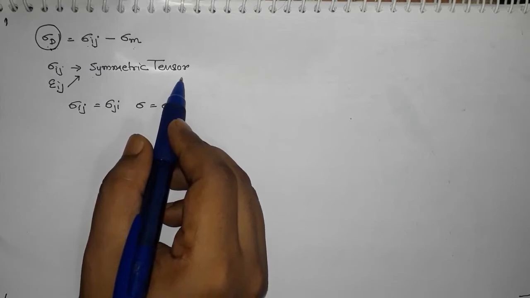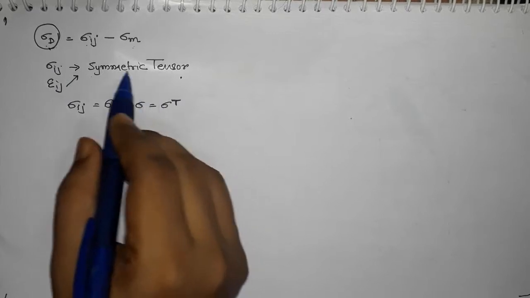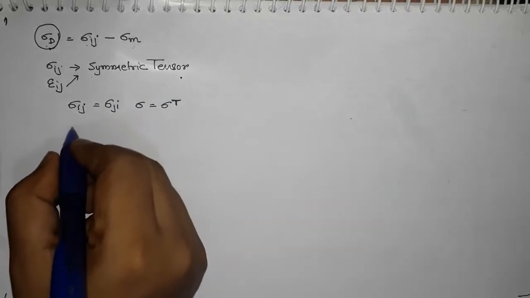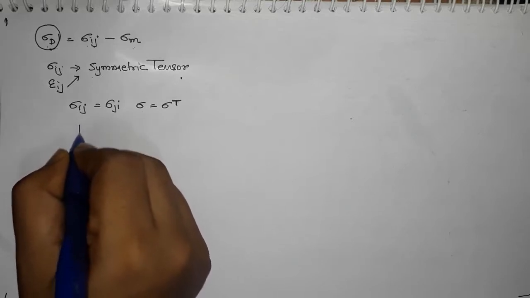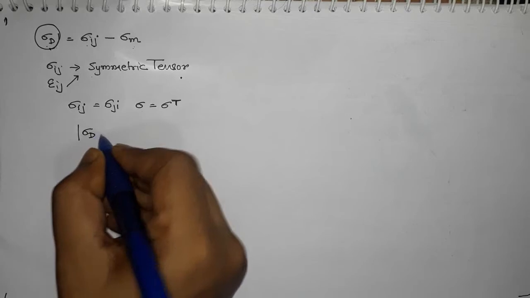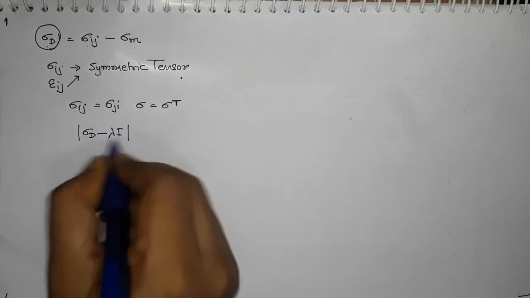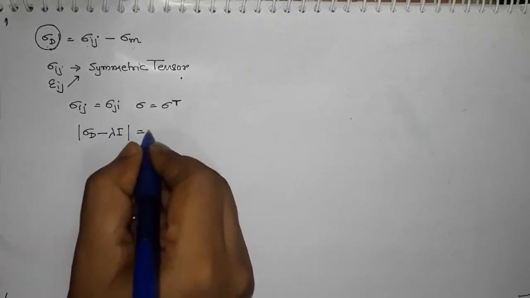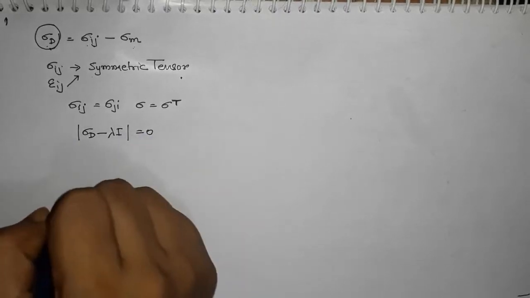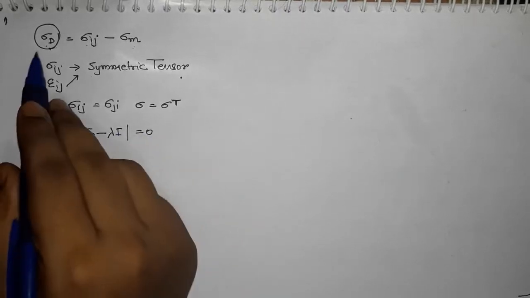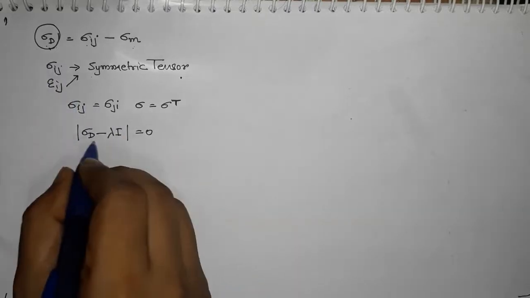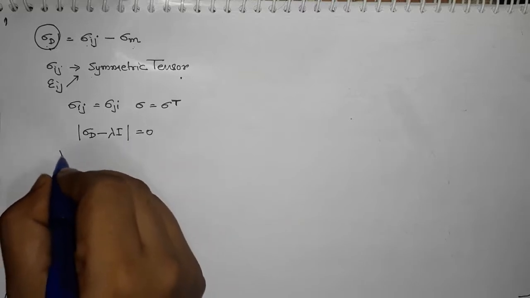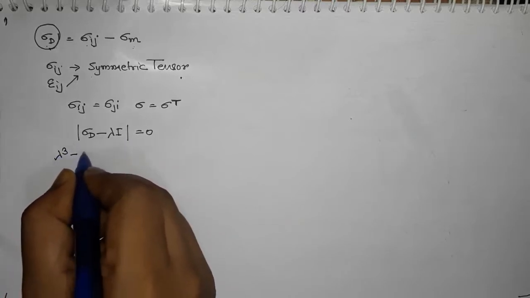So now, because it is a tensor, although it does not have normal stresses, it will still follow the property of a tensor. That means it will still have eigenvalues. So we can operate on this deviatoric stress as we did to find the principal stress values. The solution of this will generate a cubic equation again, and the coefficients we will call J this time.